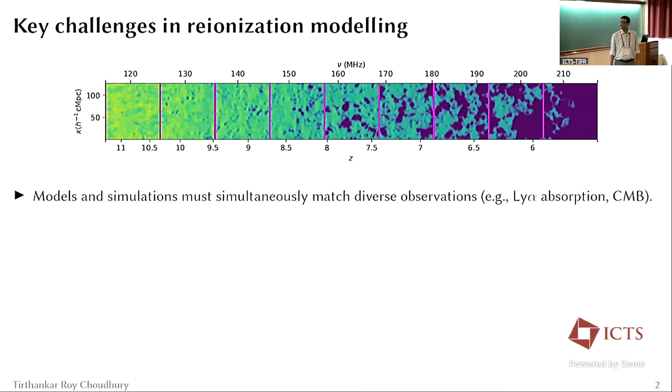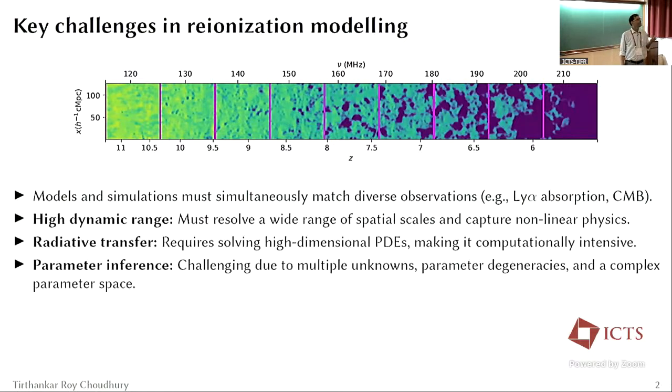You need a model which has to incorporate nonlinear physics. So most likely you will be taking help of numerical models, and you have heard talks on such things. But these numerical models need to simultaneously predict observables for a wide range of probes. And this leads to challenges like high dynamic range.